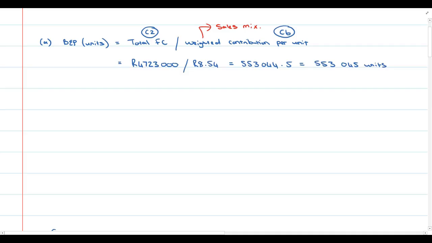Okay, so we've calculated the break-even point in units for the company as a whole. We now need to use the sales mix to split that between the 4 different products.